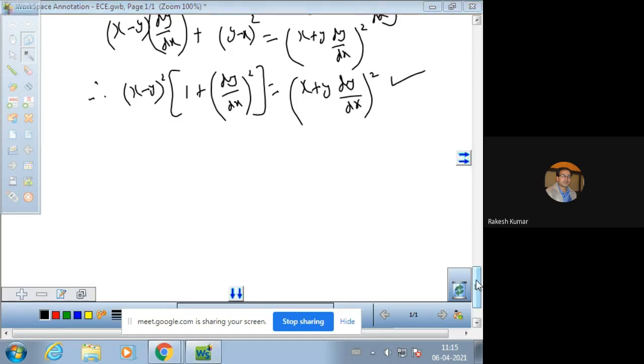So let us move further, that how to find out the exactness of a differential equation. This is another topic in terms of differential equations. So the term is exact differential equation.